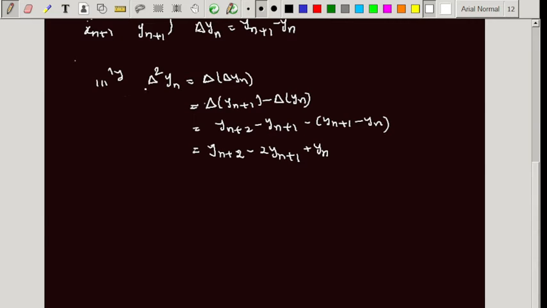Similarly, delta square yn we can write as delta of delta yn, where delta yn can be written as yn plus 2 minus yn plus 1, minus of yn plus 1 minus yn. We get yn plus 2 minus 2 times yn plus 1 plus yn.